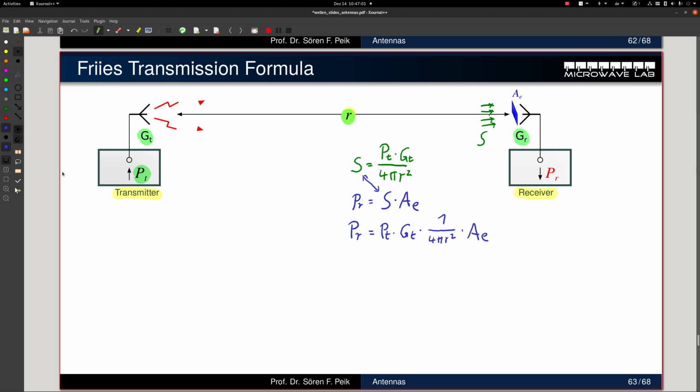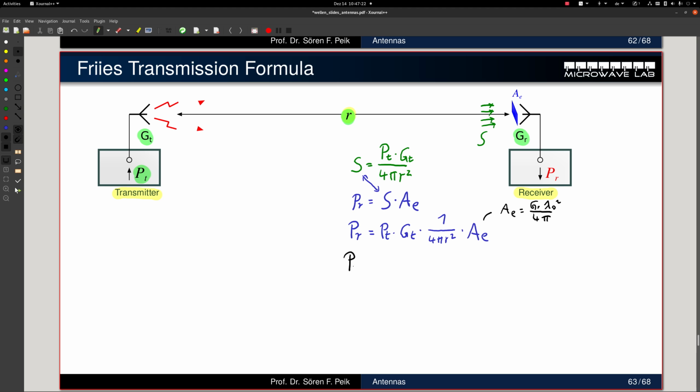AE, remember, is my gain of the receiving antenna times lambda naught squared over 4 pi. So I can replace this as well.